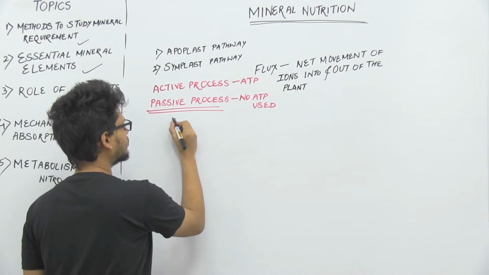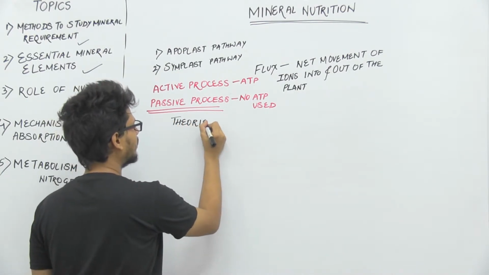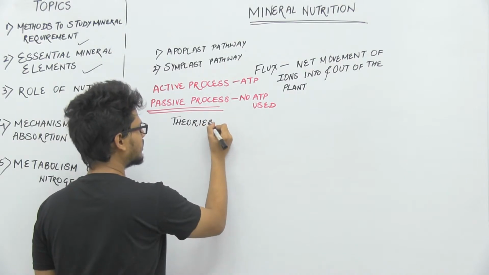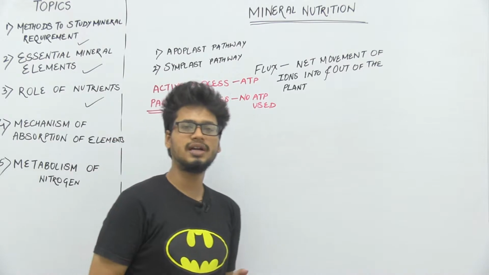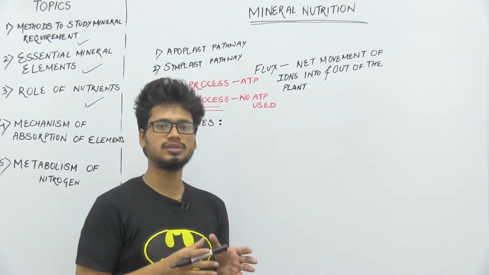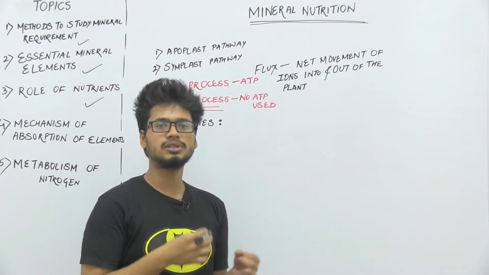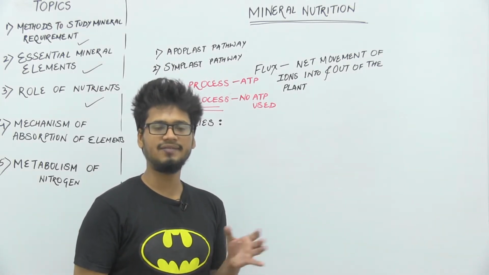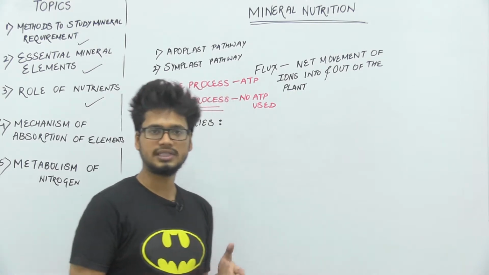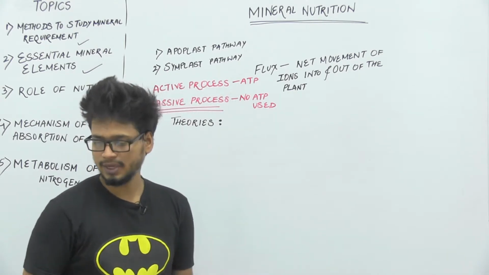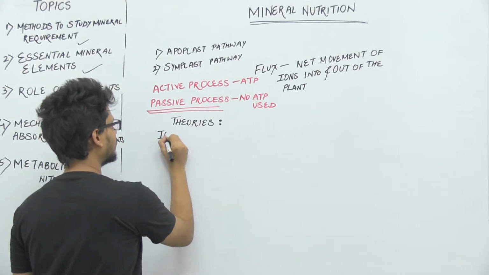So we'll discuss all those theories. Now why is it important ये theories discuss करना? Because it is through this theory you can understand कि what was the previous idea, सबसे पहला idea क्या था, और उसके बाद वो idea develop कैसे किया, and finally what did we reach today, कि how does this absorption of mineral take place.